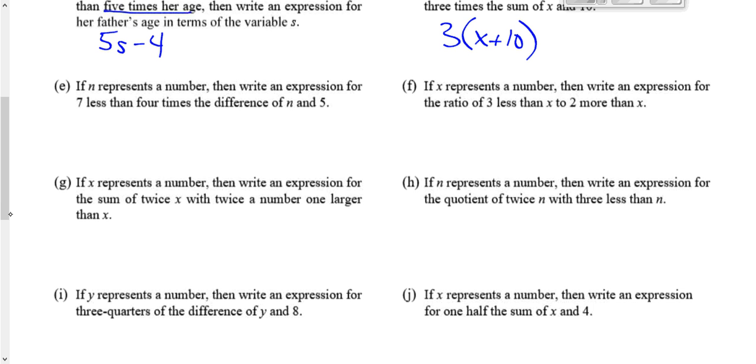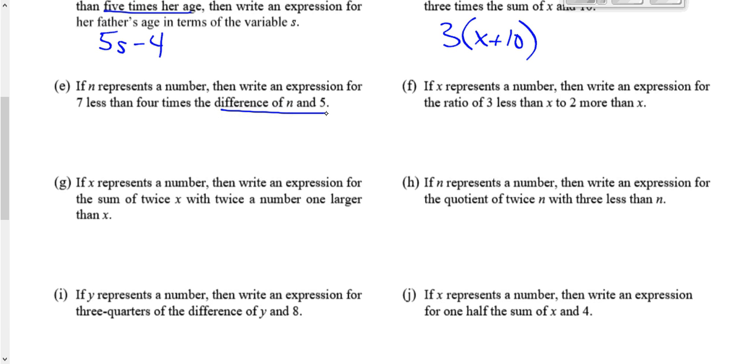How about E? What'd you get? I couldn't hear you. 5n minus 7. It's 7 less than 4 times the difference of n and 5. So what should we start with? We should start with the difference, n minus 5, because these are the things we're doing to it.